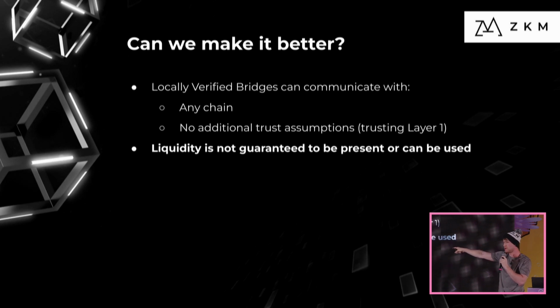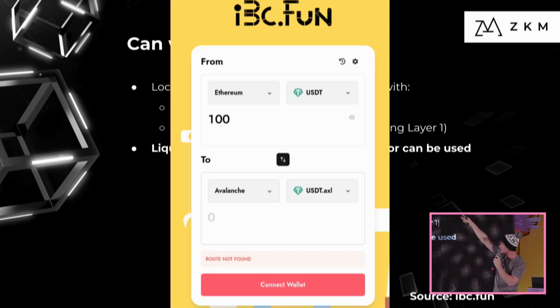Though, one big issue: liquidity is not guaranteed to be present or usable. Now, what do I mean by that? As an example, IBC Fun is, let's say, the interface towards all of this cross-chain communication.